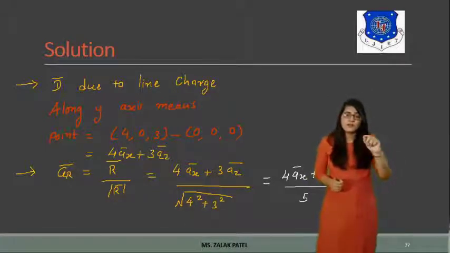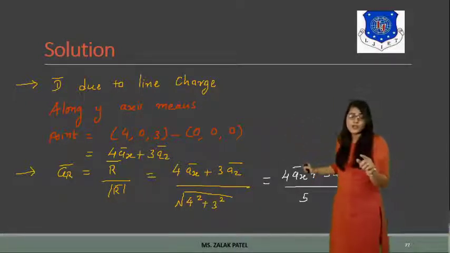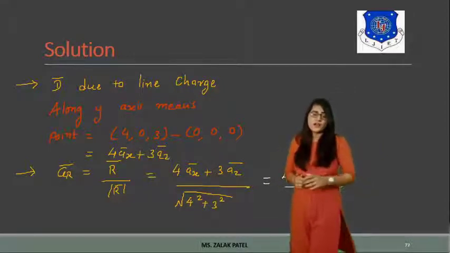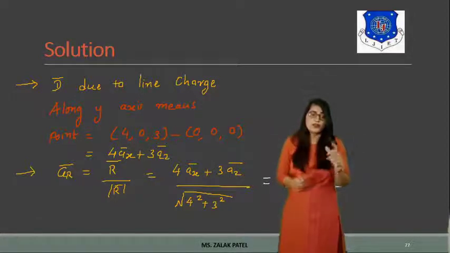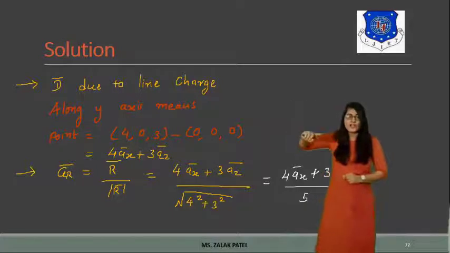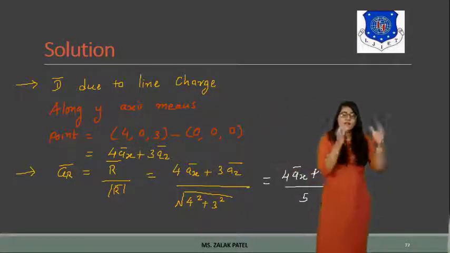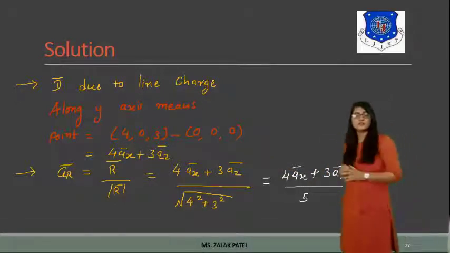No particular coordinate is given, but it is along the y-axis, so you put the y coordinate the same as for the desired point. The y coordinate of the desired point is 0, so we put 0 in the second coordinate, and the remaining x and z coordinates should be 0, 0.